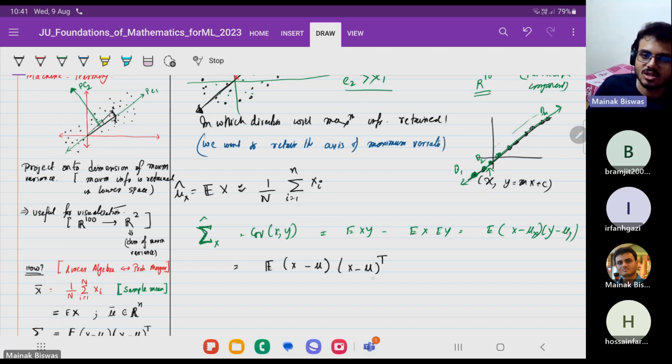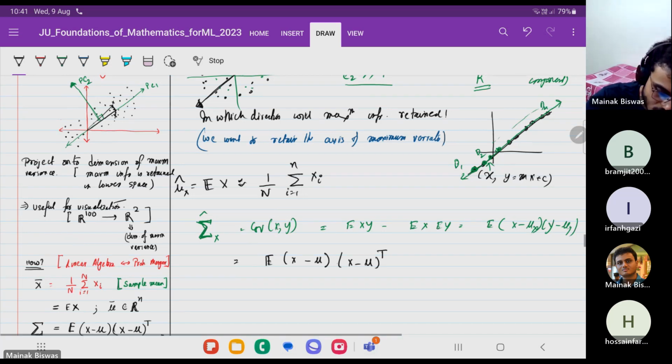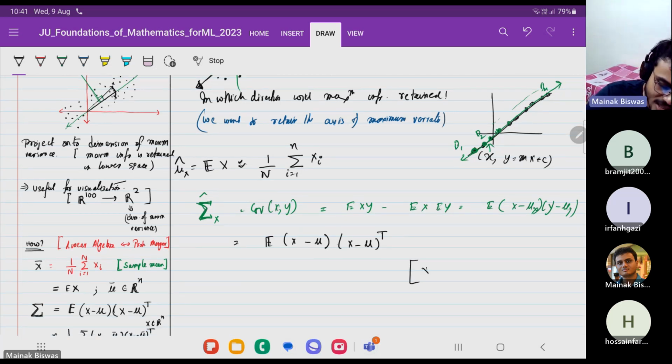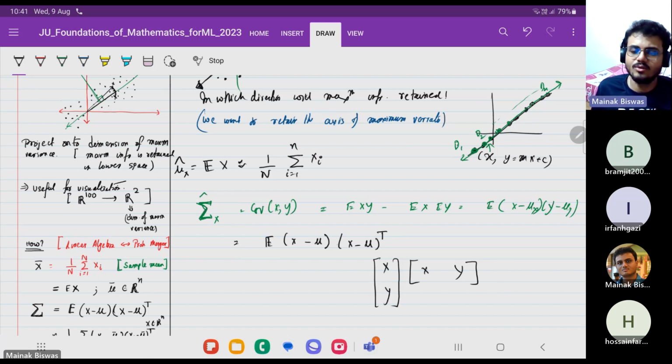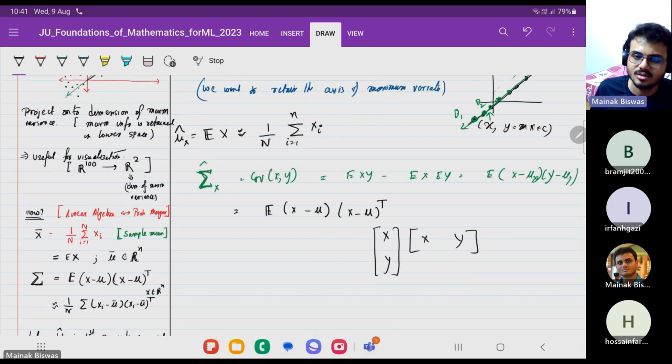So you have n dimensions. So I have stacked all the vectors x1, x2, and so on. So X and Y, if I stack them, I'll give you a small example. What will you have if you have this?